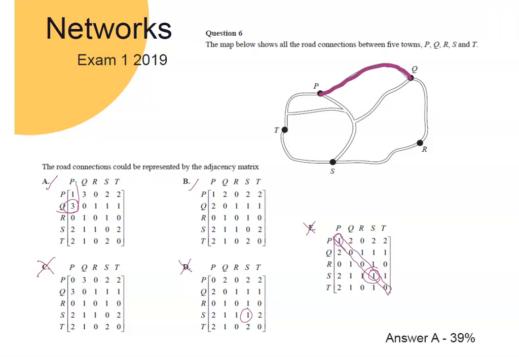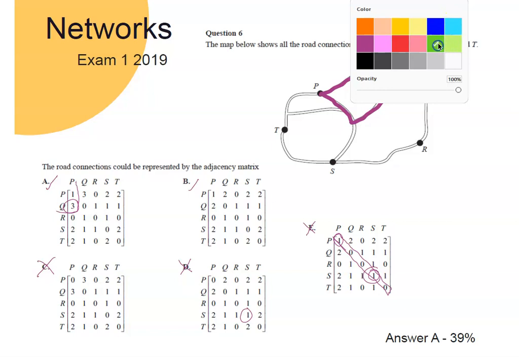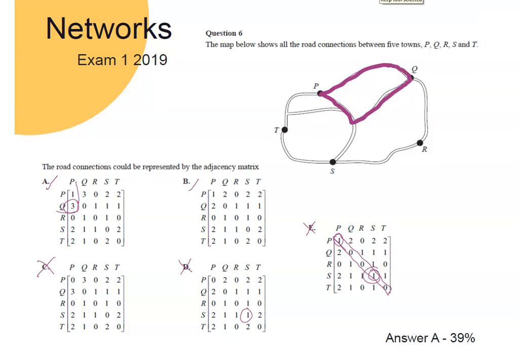So that's one clear, obvious pathway. I could come out here. That's another clear, obvious pathway. But we need to check, is there 2 or is there 3 pathways? And I can actually see that I can, if I just change that color so it makes it a bit easier to see, I can come out of P along this road and then into Q. And that actually gives me a 3rd option there.